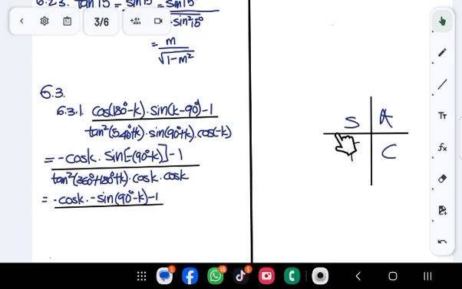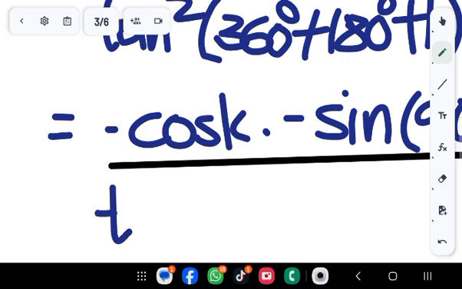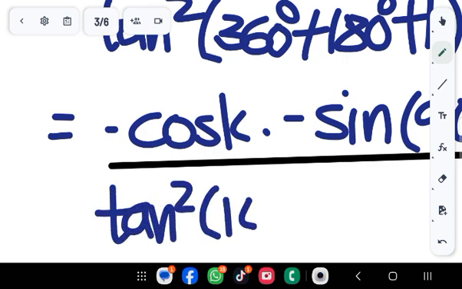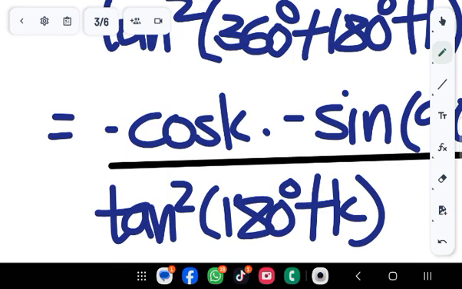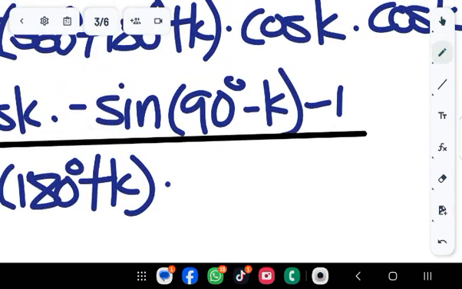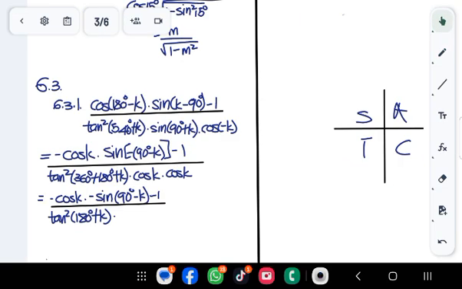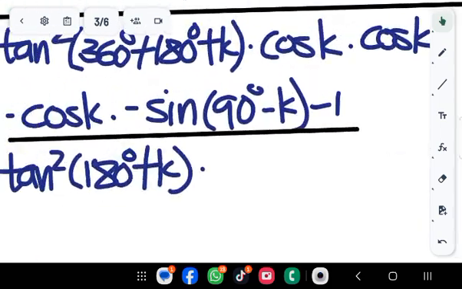The 360 just takes everything back to 0, so that will be tan squared of 180 degrees plus k, times cos k times cos k. That'll be cos squared k.